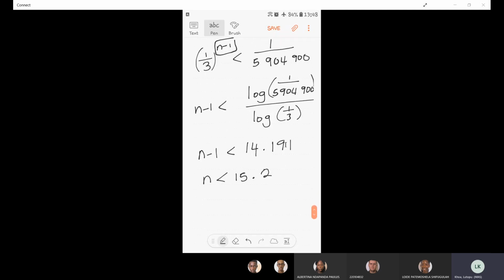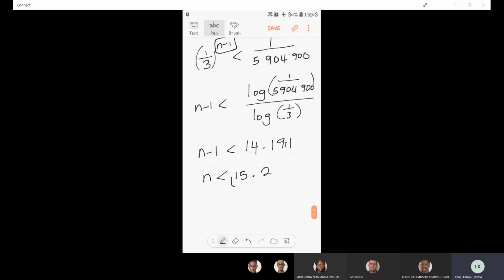So this means that any term whose number is less than 15.2 will be greater than, maybe I'm not saying that correctly, but the term 15, you will see that it is greater than 0.01, and then after that it will be less than 0.01 because our terms are getting smaller here.